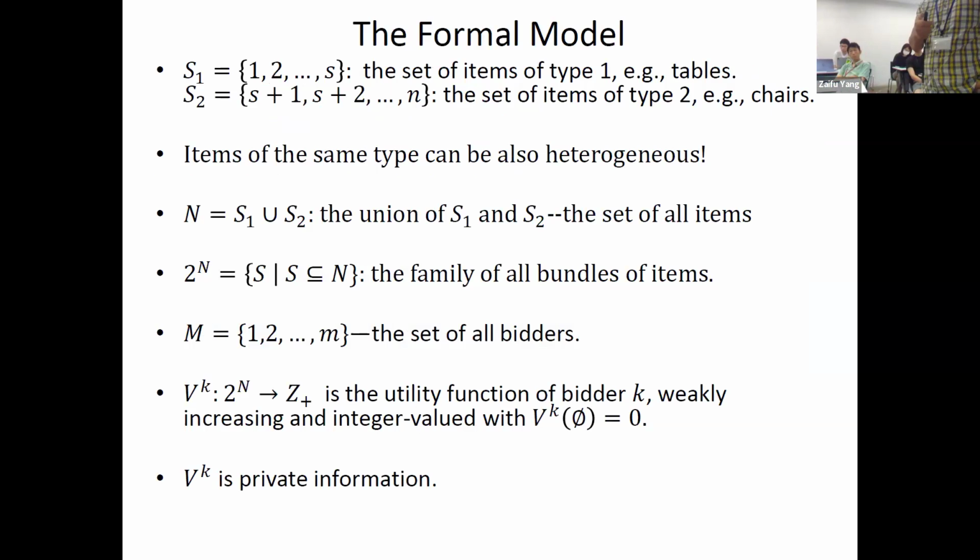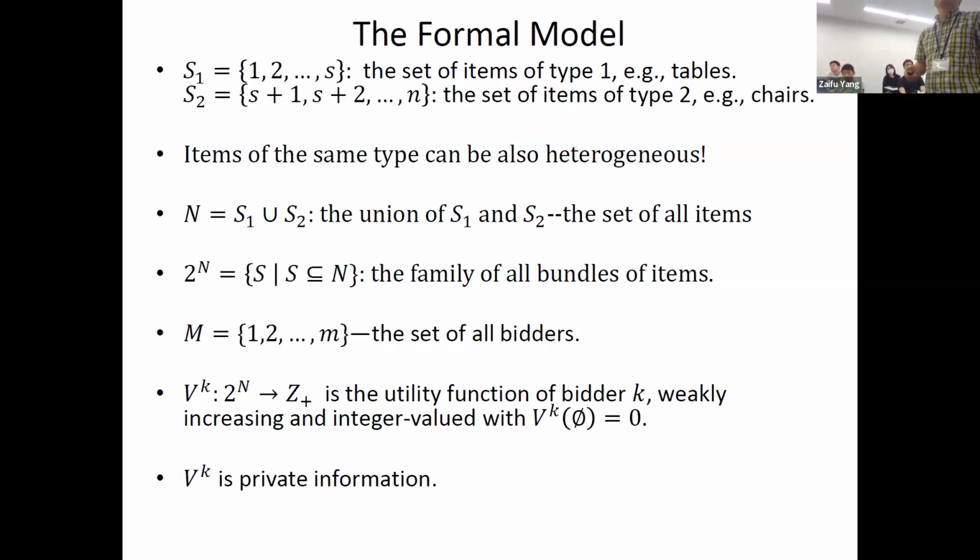We have two groups, two types. The first group you might think of as tables, and the second group you might view as chairs. Of course, items in the same group could be heterogeneous as well. We use N to represent the union of both.